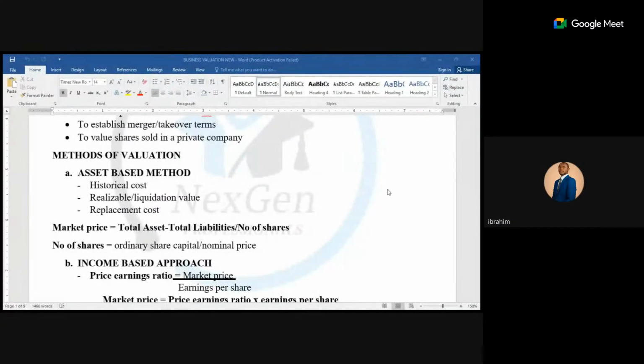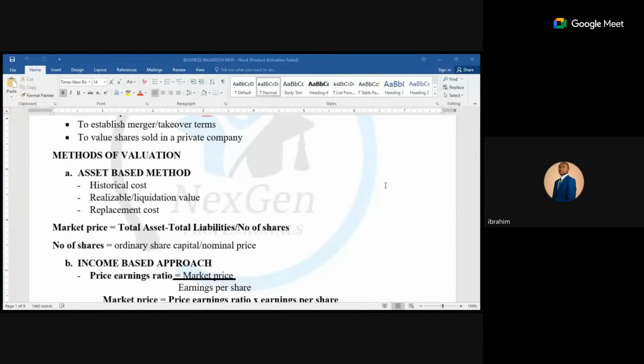Okay, or using the asset-based method. Under the asset-based method, we have the historical cost, realizable or liquidation, or replacement cost. Class, what did you want to calculate?